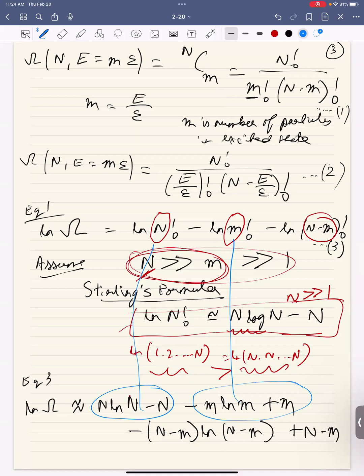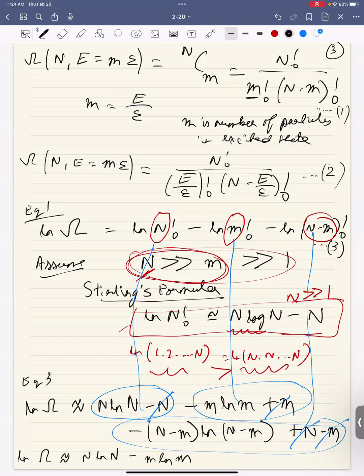separately. Now something nice happens. Minus m and plus m cancel, minus n and plus n cancel. What are we left with? We are left with ln omega is approximately n ln n minus m ln m minus n minus m ln n minus m.